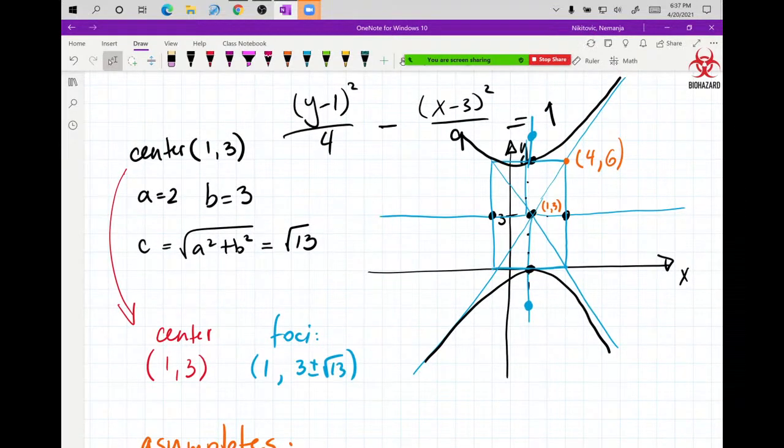Asymptotes. So when we draw, I can get rid of these extra lines that we don't need for now. You get your center from h, k, and that was our 1, 3. So that was good, because we look at this location and this location, and oh, it's not 1, 3, it's 3, 1.